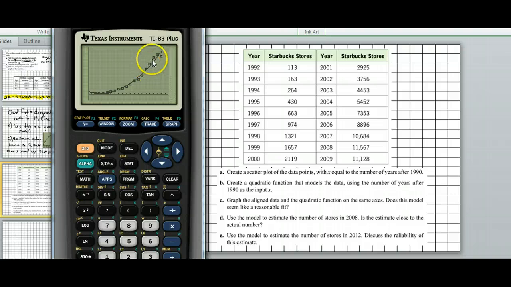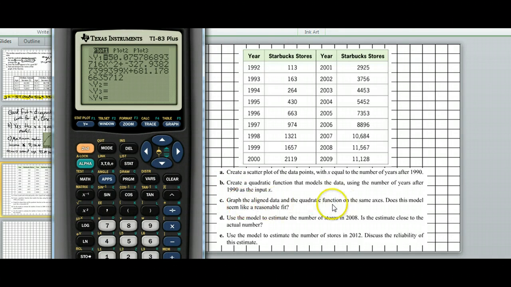Just kind of misses it right there at the end. Alright, so that's what part B is asking us. It's asking us for this model. And you wouldn't have to go this many decimal places, but I could round it to 50.08x² minus 327.94x plus 681.12, and that would be all I would need to answer that question.